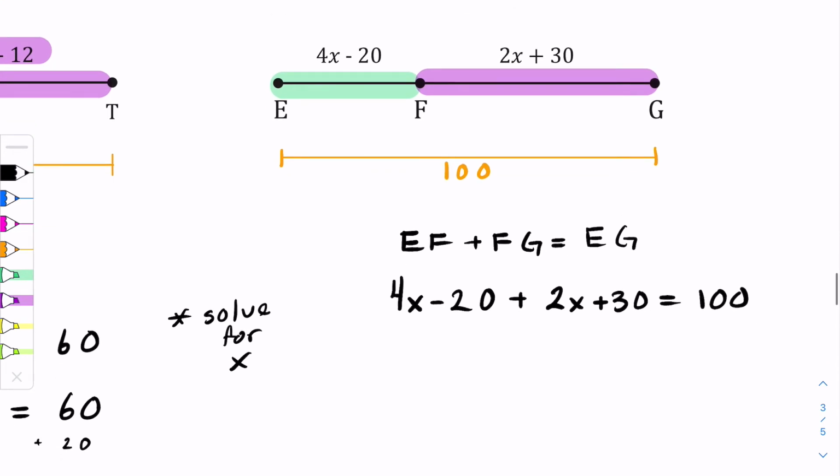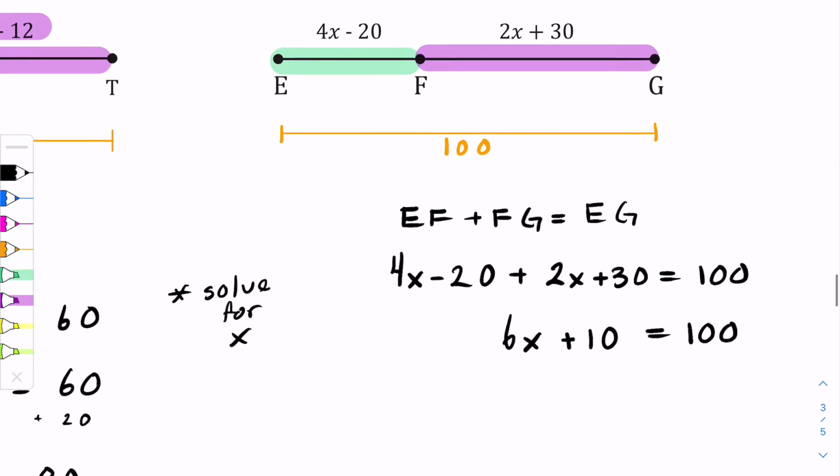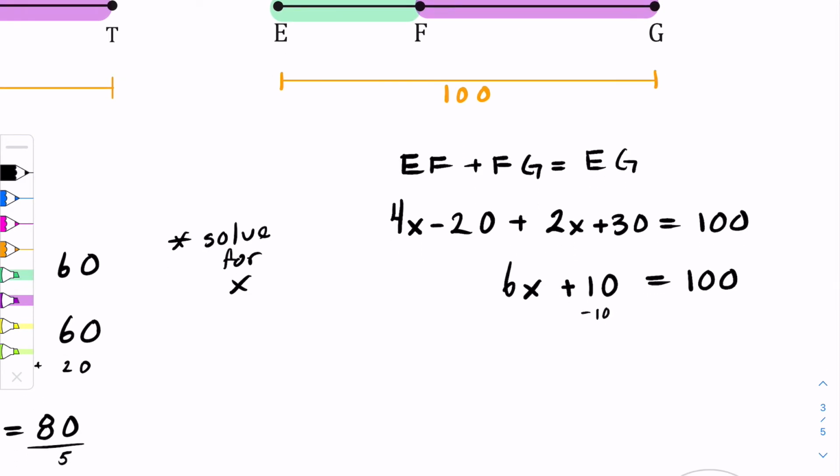When we combine like terms, we have 4x plus 2x is equal to 6x. Negative 20 plus 30 is equal to 10. This is equal to 100. Subtract 10. 6x equals 90. Divide by 6. x is equal to 15.